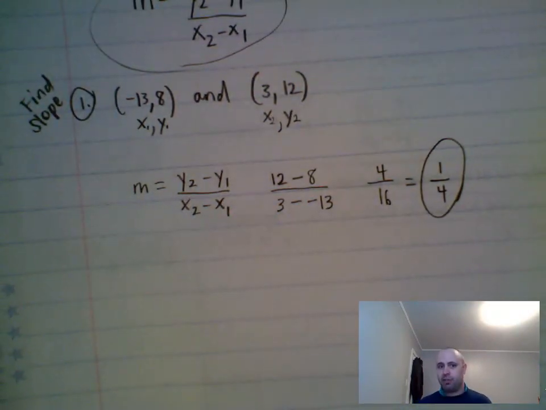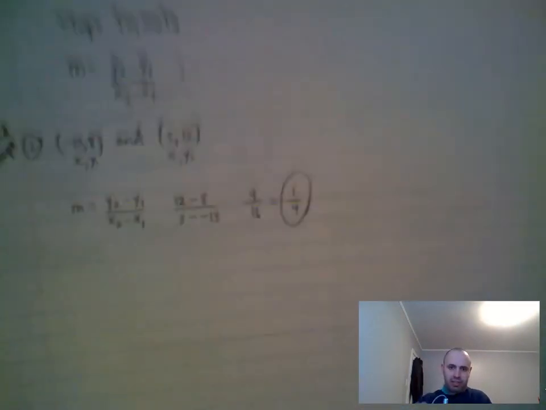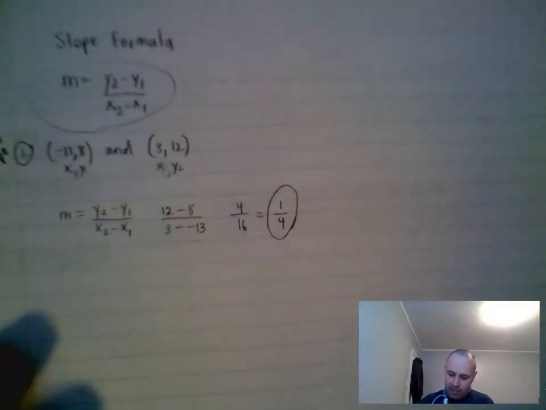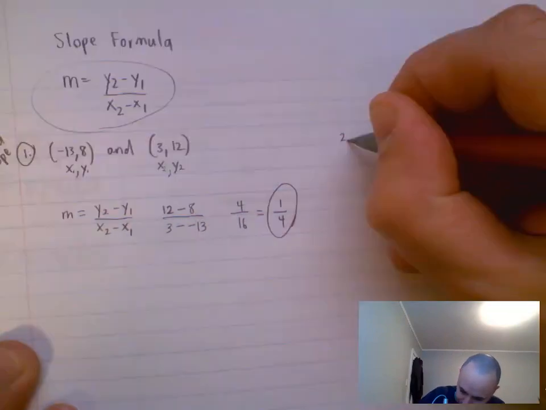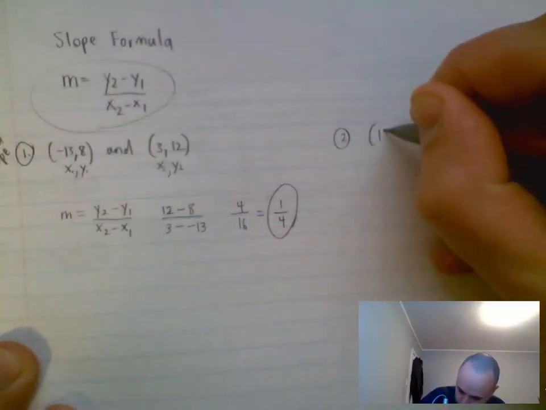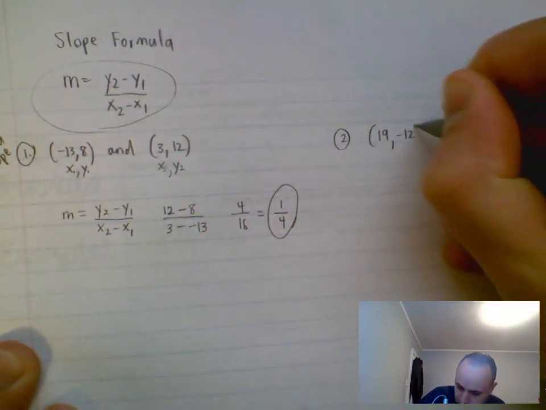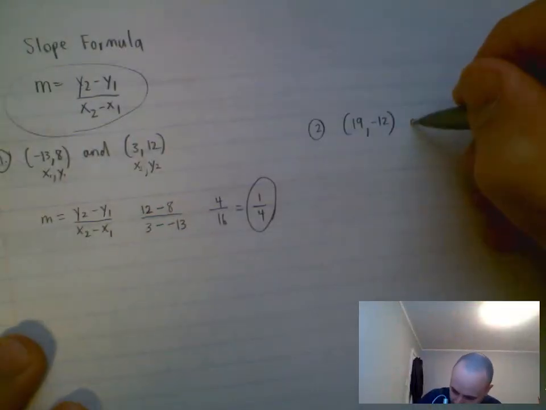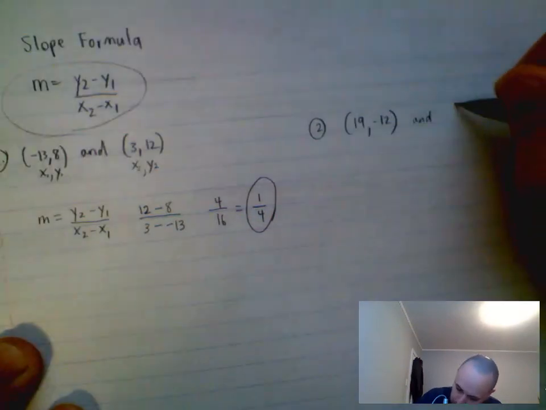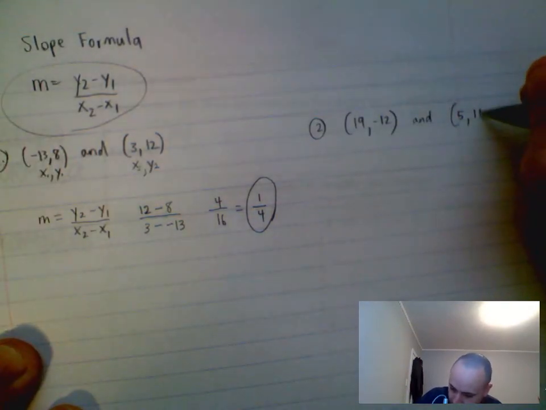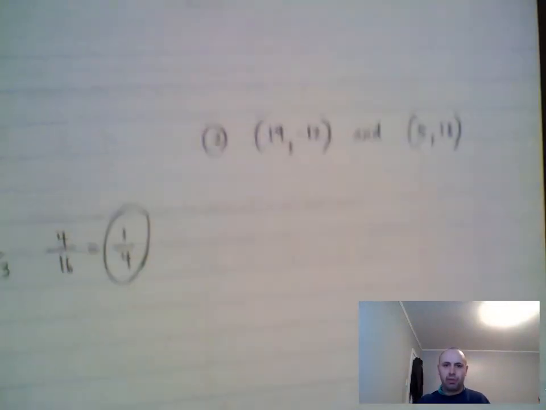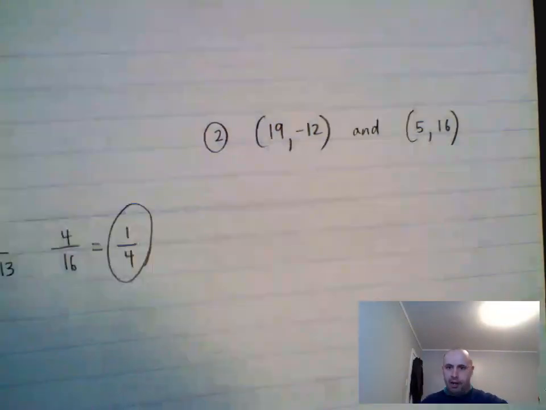Now if I went a little too fast or was confusing, let's look at number 2. Number 2 says 19, negative 12 and 5, 16.